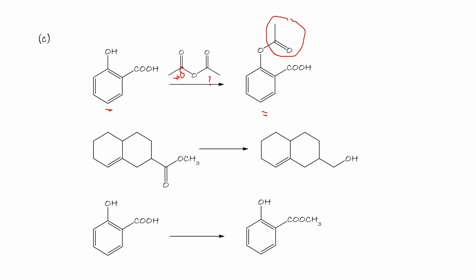How can we transform this to primary alcohol? Lithium aluminum hydride. How can we make esterification on here? This is acid. Okay, Fischer, you add methanol in acidic medium, catalytic amount of acid. Right.